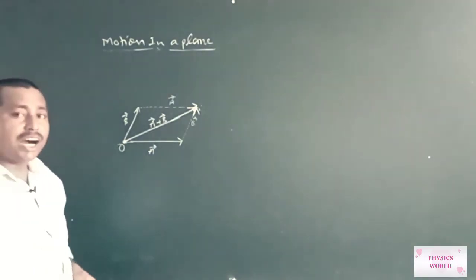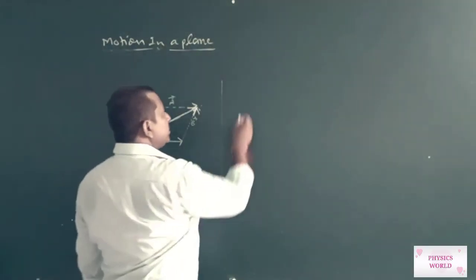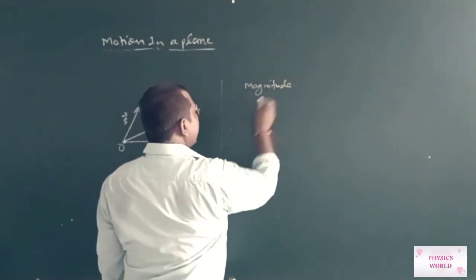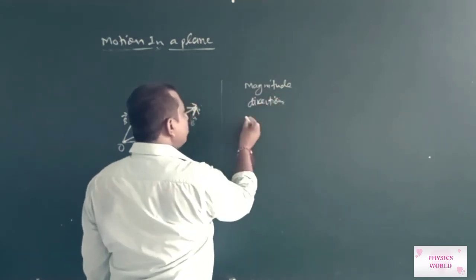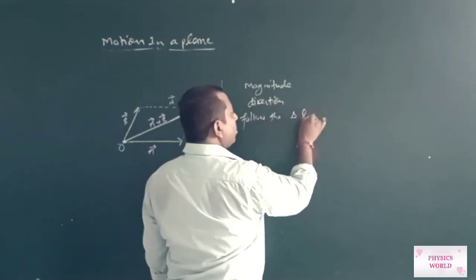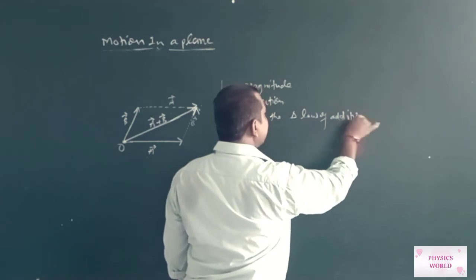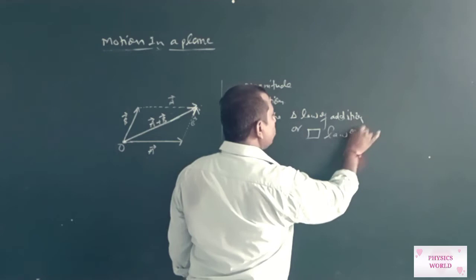So a vector quantity always follows these rules: first, it has magnitude, and second, it has direction, and it follows the triangle law of addition, or equivalently the parallelogram law of addition.